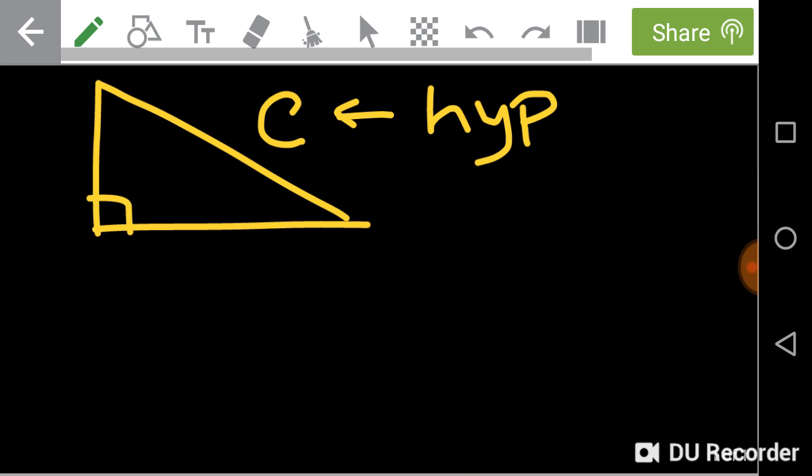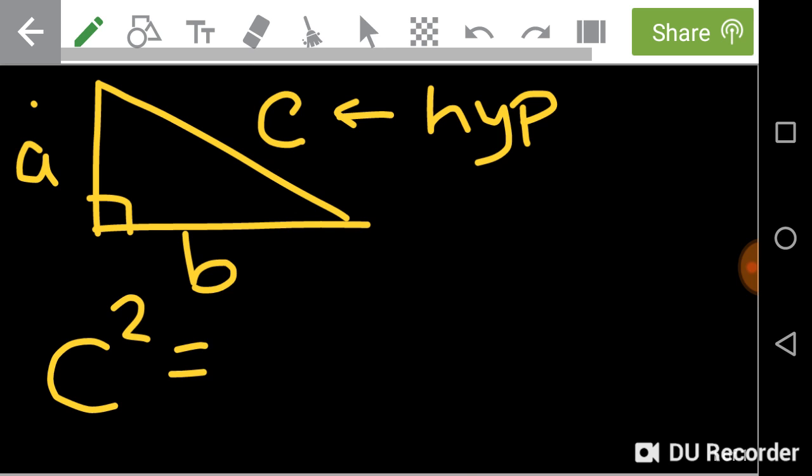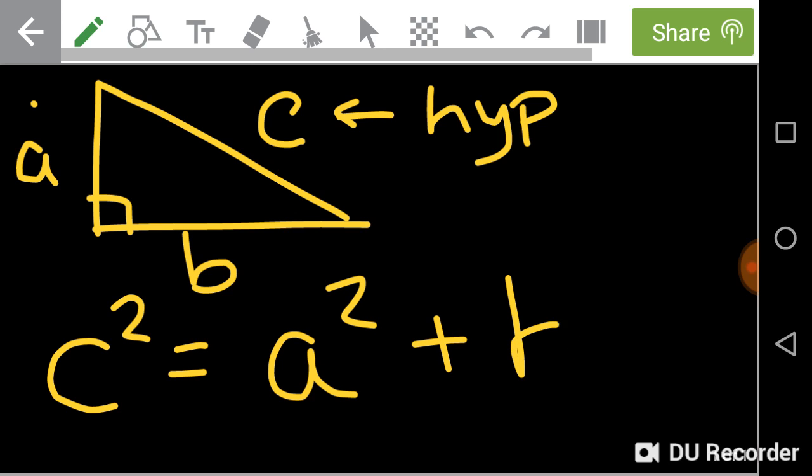Now let us note down the other two sides of the triangle, and let us use the notations A and B. So the Pythagorean theorem says that the square of the longest side will equal the sum of the squares of the other two sides. So C square will equal A square plus B square.